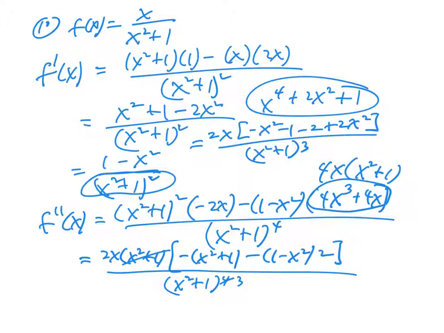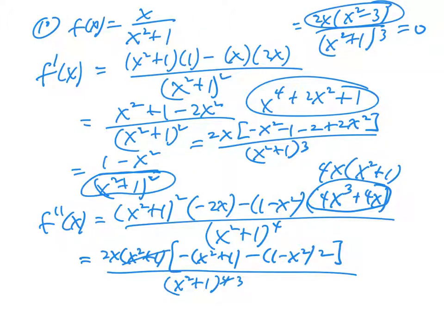We got 2x times x squared minus 3 all over x squared plus 1 cubed. So when is this equal to 0? Well, when the numerator is 0. What will make that 0? Duh. 0 and plus or minus root 3. Ka-ching!